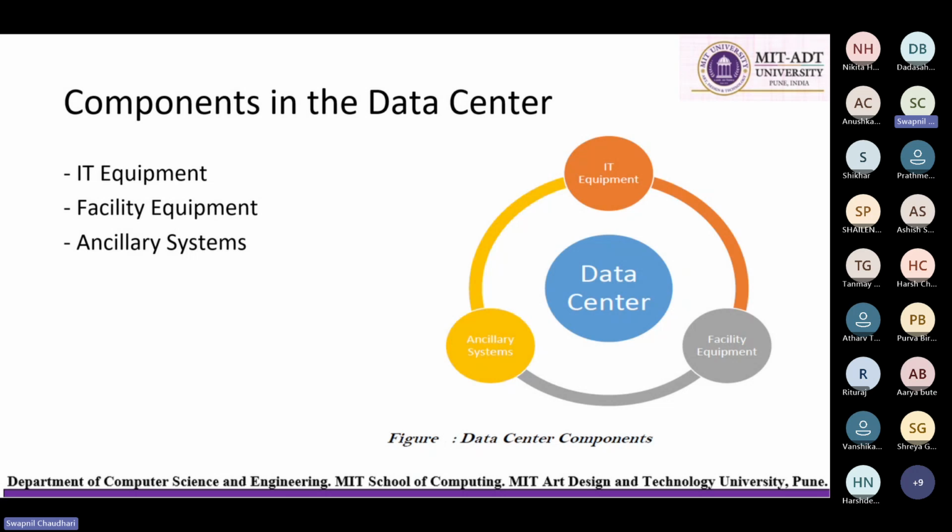These are the different items included in facility equipment. Why is it needed? As we discussed earlier, IT equipment generates a large amount of heat, requires a huge power supply, and requires physical space to run the servers successfully.